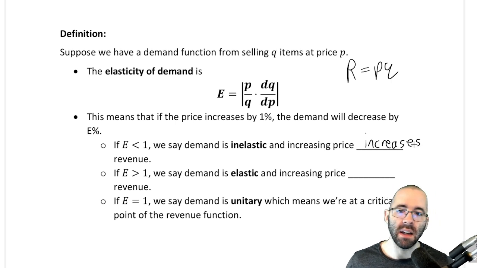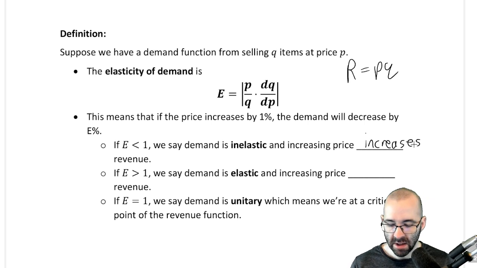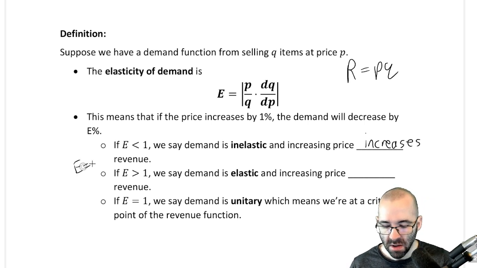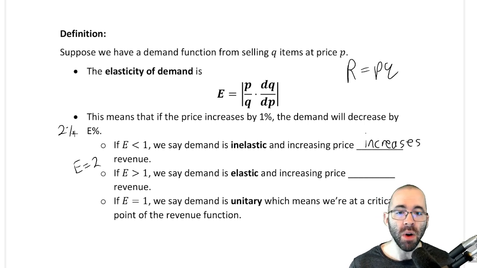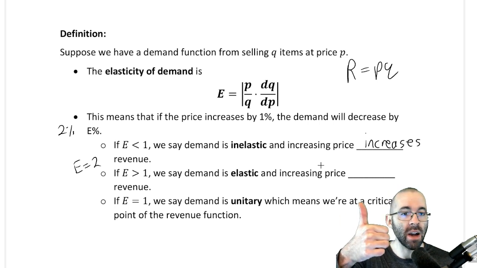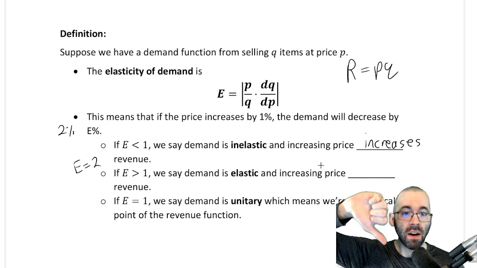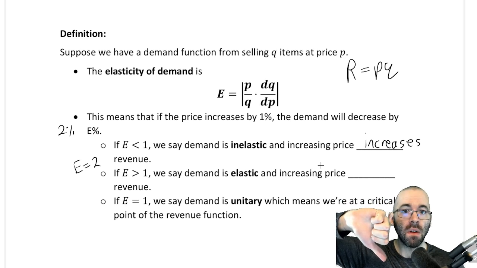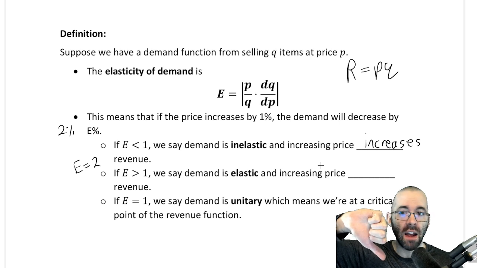And likewise, if E is greater than 1, let's say E is 2, for example, then increasing price by 1% decreases demand by 2%. That's bad, right? That means price is only going up by a little, but demand is going down by more. So increasing price is going to be bad for us then.